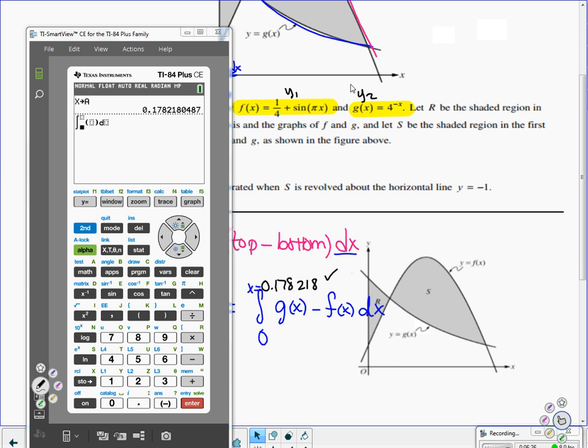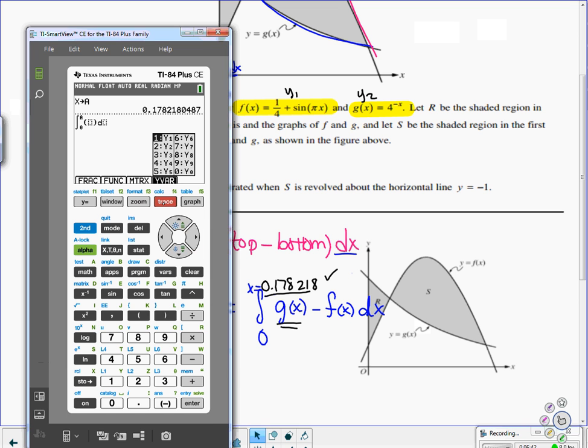We need to integrate between 0 and my alpha A, which is the 0.178. I want my g function over the f function. So g was y2 to me, and that would be there. And then I need to subtract the y1 equation.